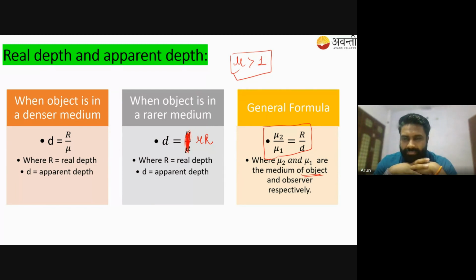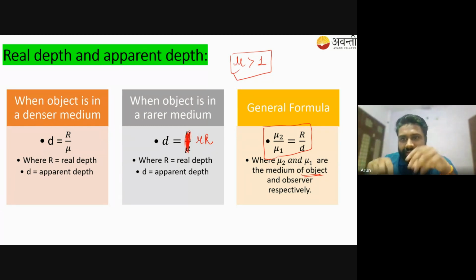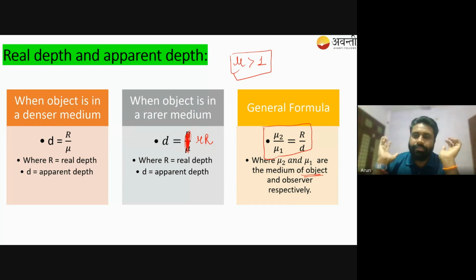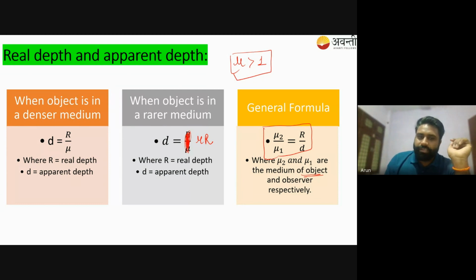So you will just remember mu2 is the medium where the object is present, because obviously rays are going to travel from the object to the observer. Wherever you have placed the object, rays come from that medium. So mu2 is the medium of the object and mu1 is the medium of the observer. Simple. Got it?